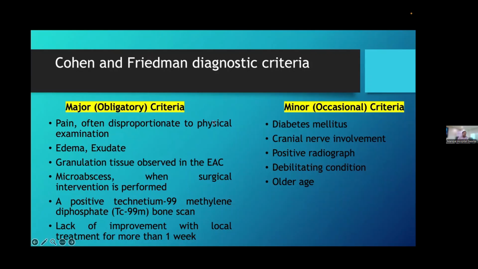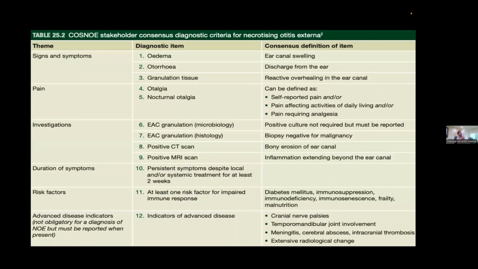So this is an older criteria, but we have a newer criteria which is there in the recent Scott Brown. This is the latest 9th edition Scott Brown, which has this consensus diagnostic criteria for necrotizing otitis externa, and it actually includes the signs and symptoms, the pain, investigation, duration of symptoms, and risk factors. Right. So we have edema of the canal, otorrhea and granulation tissue, otalgia and nocturnal otalgia.